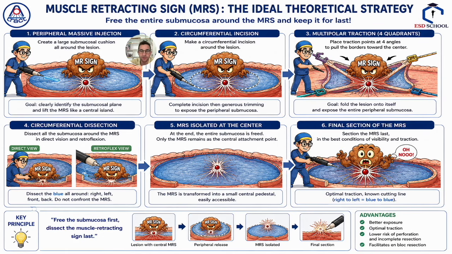Second strategy, which is for me the most evident. It is also the most evident if you ask AI to deal with a muscle retracting sign with a fixed point at the middle of a lesion. If you ask ChatGPT which strategy is the most logical, it is also the one that is chosen by ChatGPT, but it's my ChatGPT, so it could also be biased by the fact that I prefer traction.